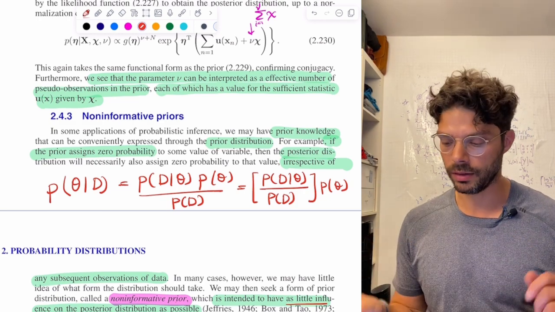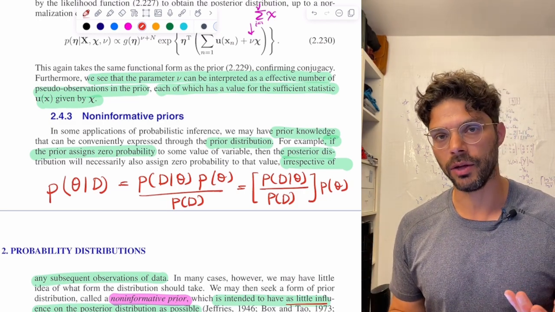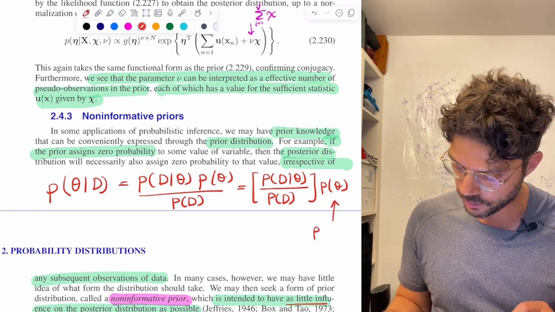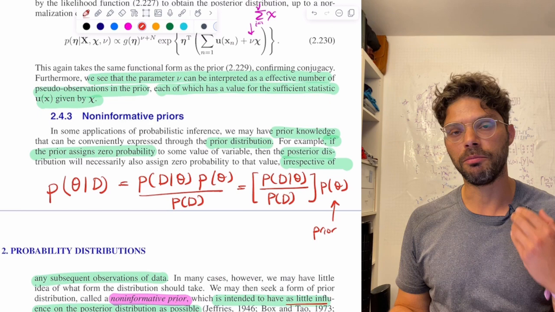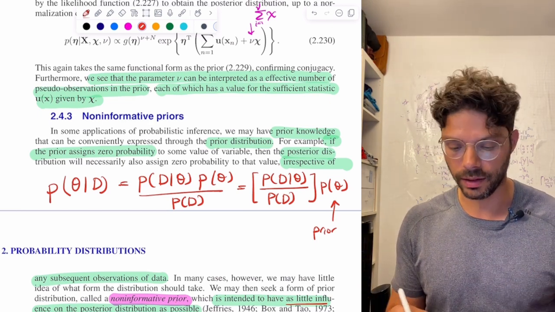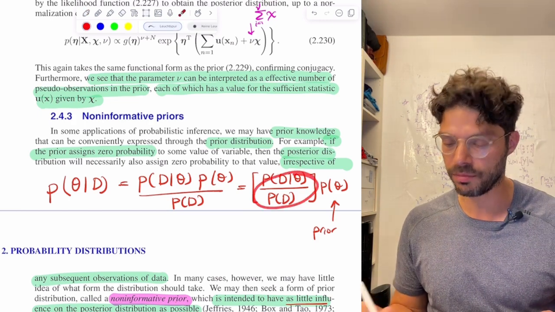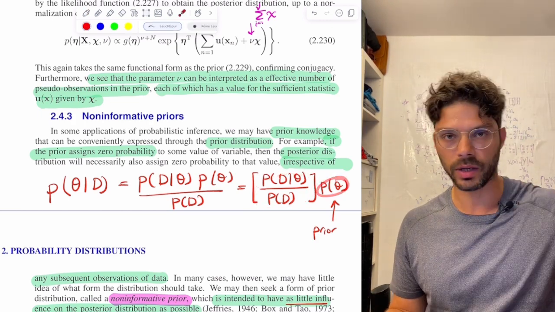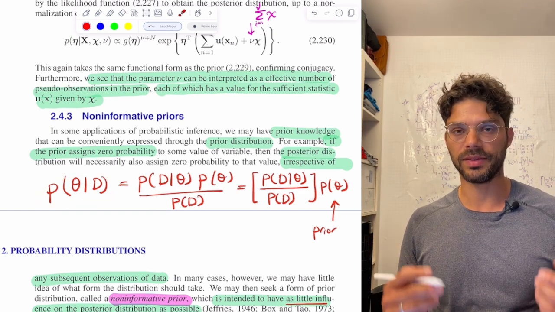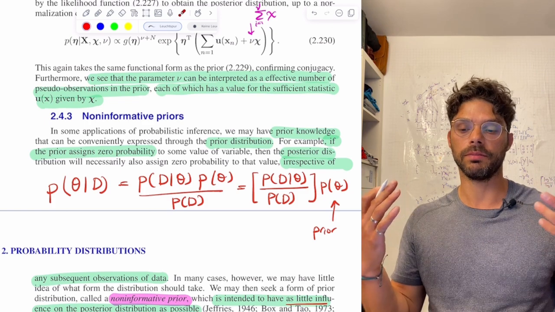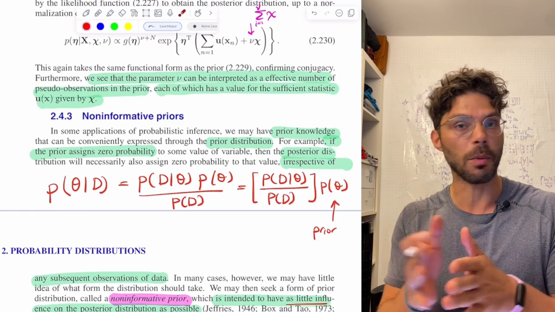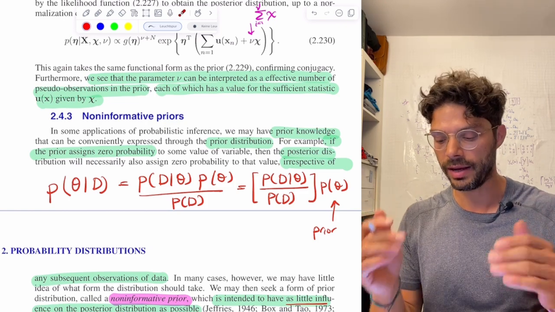And now his point is that if we have values of theta where P of theta, so this is of course the prior, if P of theta is 0 somewhere, then no matter what the data says, so no matter what this bit says, if P of theta for a given value is 0, the posterior is going to be 0. So that's an instance of a prior being particularly informative around some values, saying that certain values just can't happen.